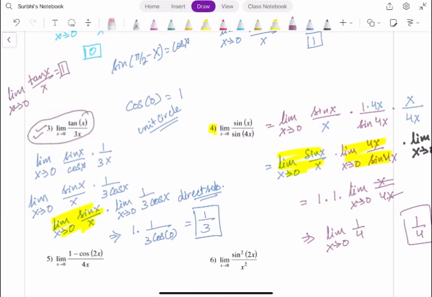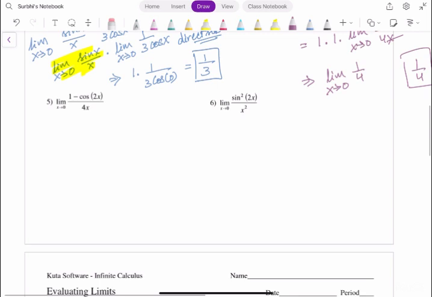Now going back to question number 3, you can do the same thing. Again, I'm reminding you that the property limit as x approaches 0 of tangent x over x equal to 1 is quite important. Now in this one, we can separate the denominator. If we are able to rewrite the denominator in terms of 2x, then we can use the property. So I can write it as 2 times 2x.